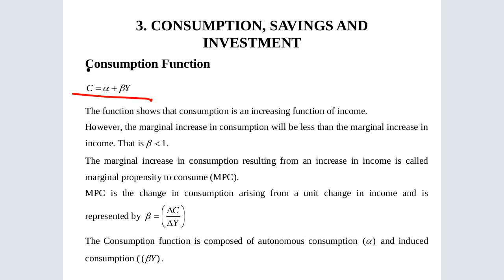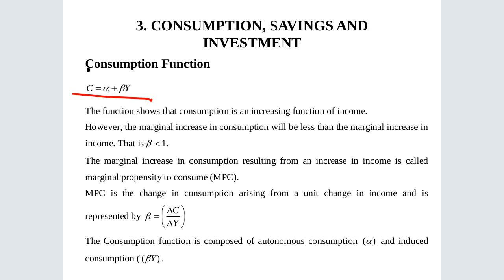That is consumption when your income is zero. It does not depend on the level of income. Then the other part, which is beta y, is the assumption that it depends on your income. I said that as income increases, your consumption also increases.